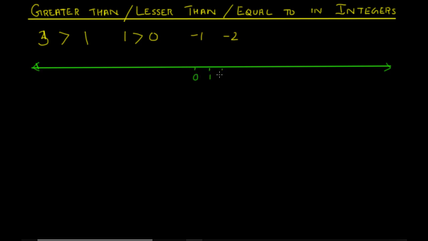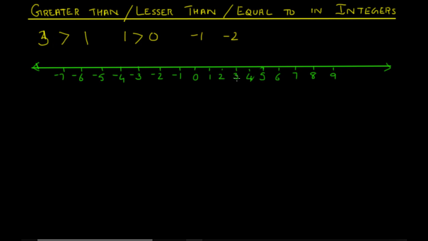Zero, 1, 2, 3, 4, 5, 6, 7, 8. It goes on, and on the other side we have the negative integers: -1, -2, -3, -4, -5, -6, -7.